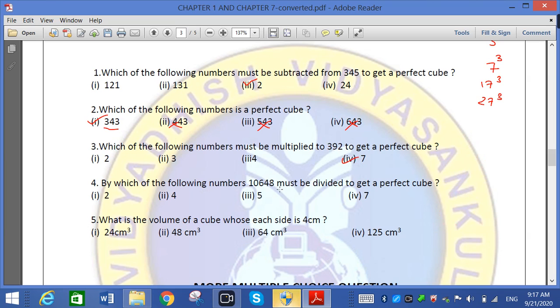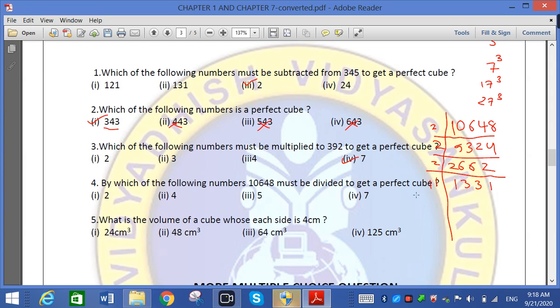Which of the following numbers must 10648 be divided by to get a perfect cube? So again I have to find the prime factors of 10648. Start from 2. 2 fives are 10, 2 twos are 4, 2 sixes are 12, 2 sixes are 12, 2 ones are 2, 3 3 1.